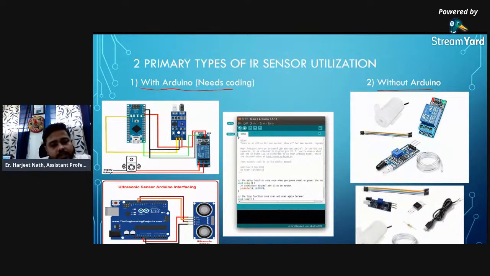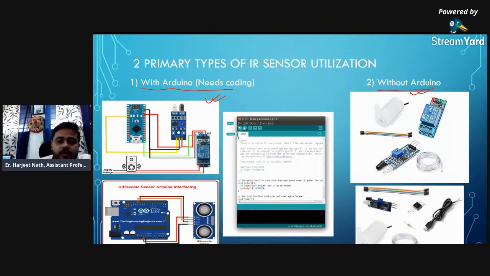There are various advantages and disadvantages in each of them. The most common example is that the Arduino based system is more technical and more controllable. You can control a lot of parameters, and you can also measure a lot of parameters, but without Arduino, you are not able to actually measure a lot of parameters.